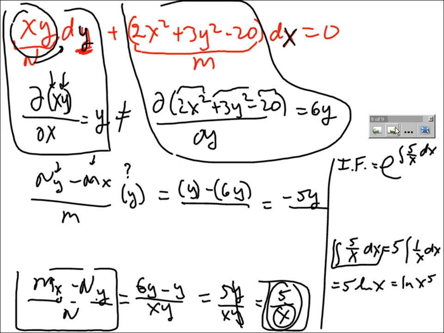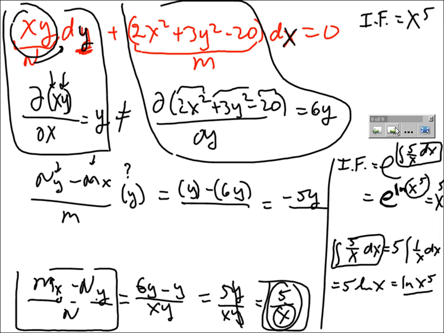So I get e to that integral, which is e to the ln of x to the 5th. So e to the ln of anything is the anything. So that is my integrating factor, x to the 5th.